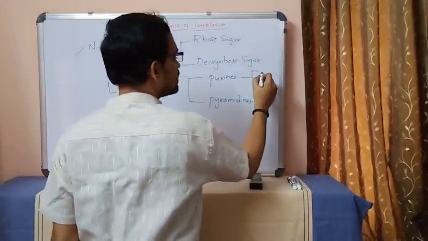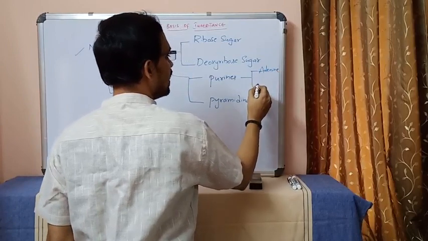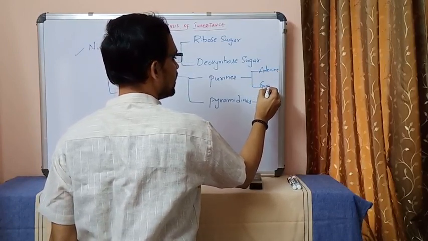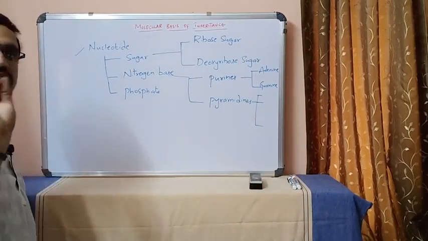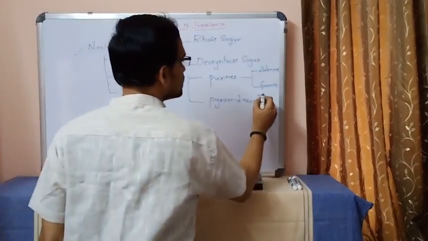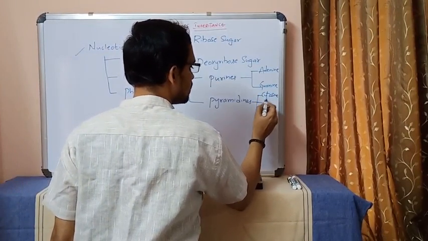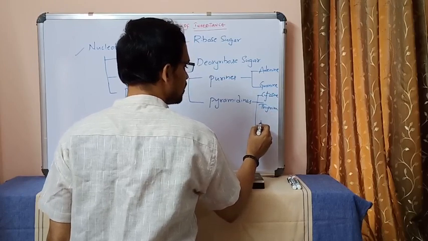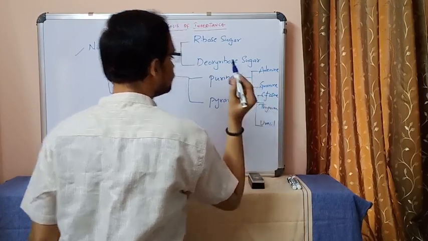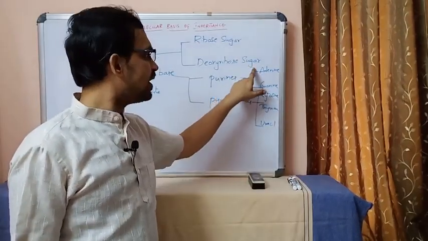Purines are of two types. They are adenine and guanine. Pyrimidines are of how many types? Three types. They are cytosine, thymine, uracil.